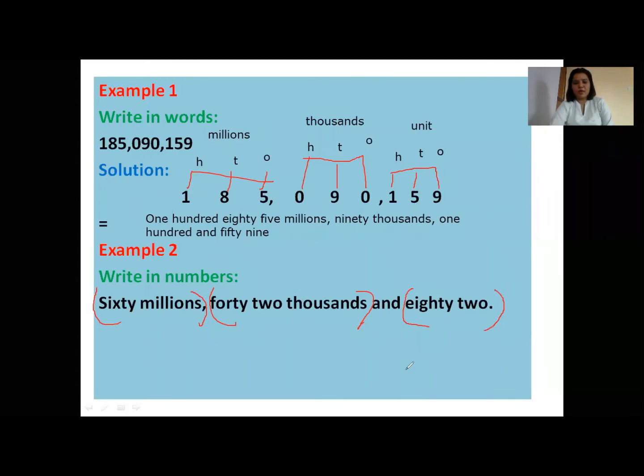So now we can write the number as 60 millions, comma.